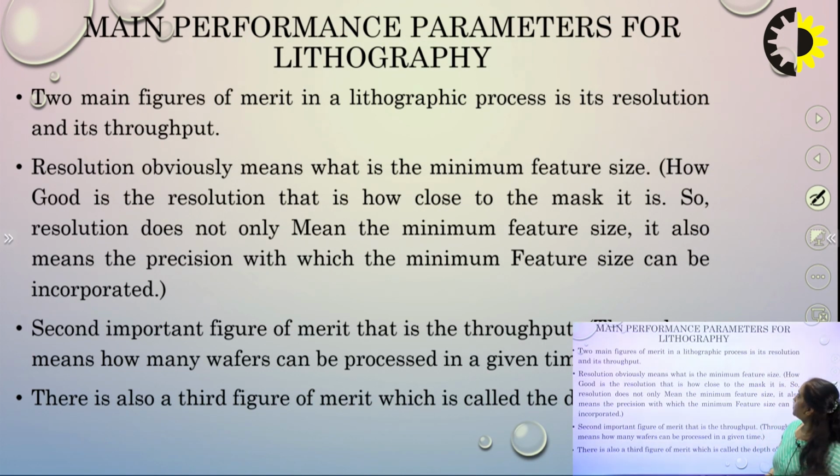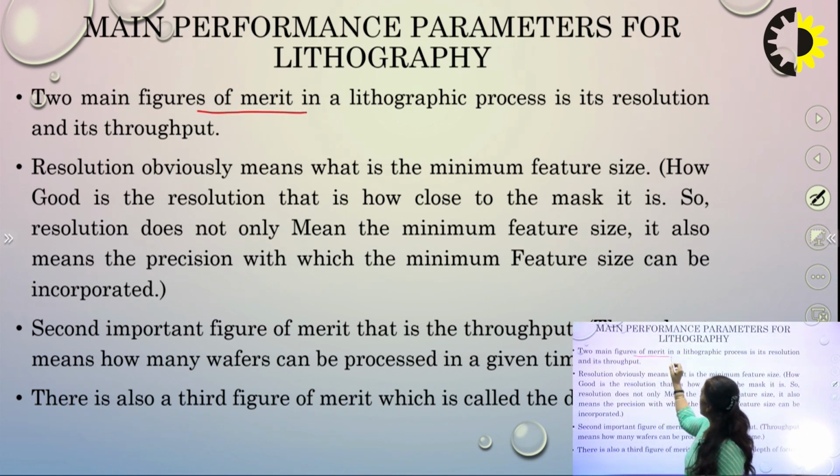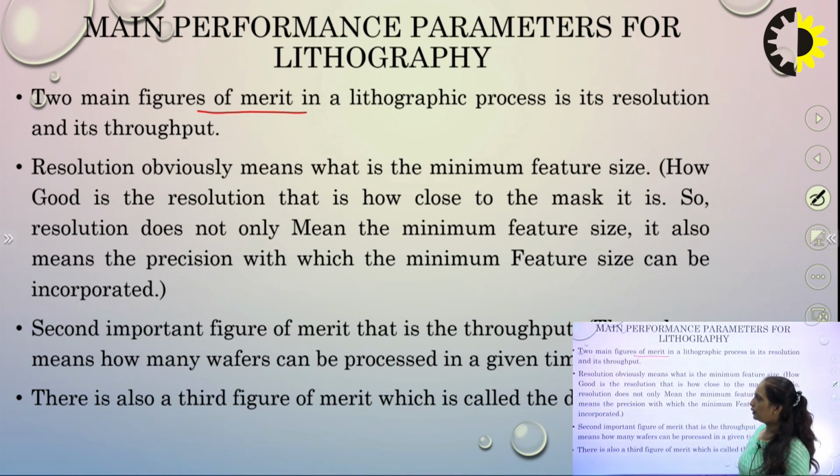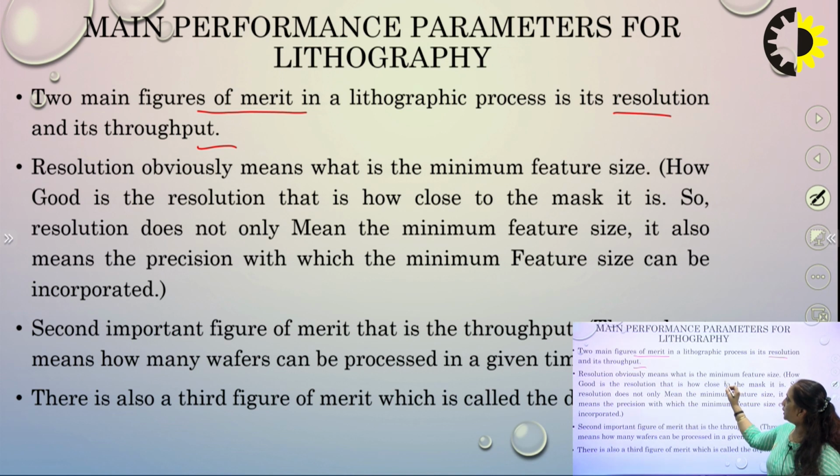For the lithography process, there are main parameters which should be kept in mind while performing lithography. The first is the figure of merit. Among the figures of merit in the lithography process, the first one is the resolution and the second one is the throughput. Resolution means the minimum feature size that can be achieved with one particular mask, one particular lithography process.